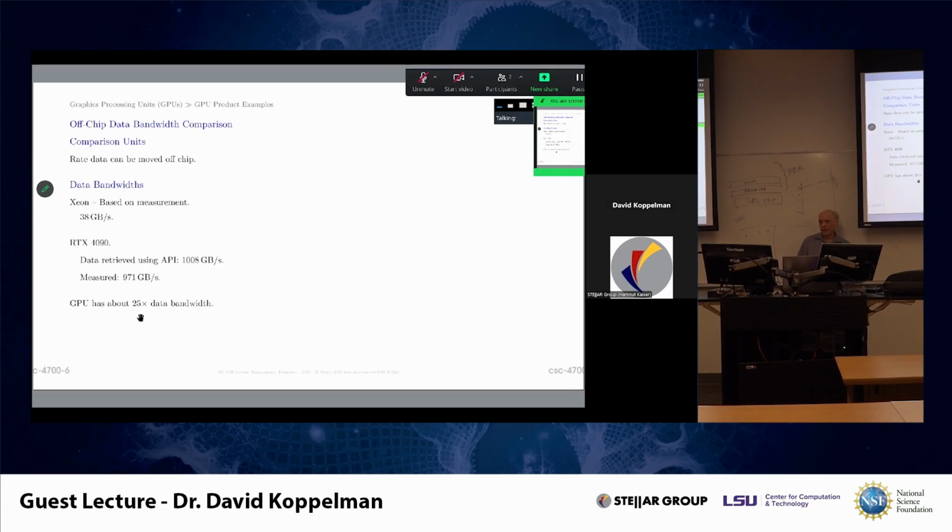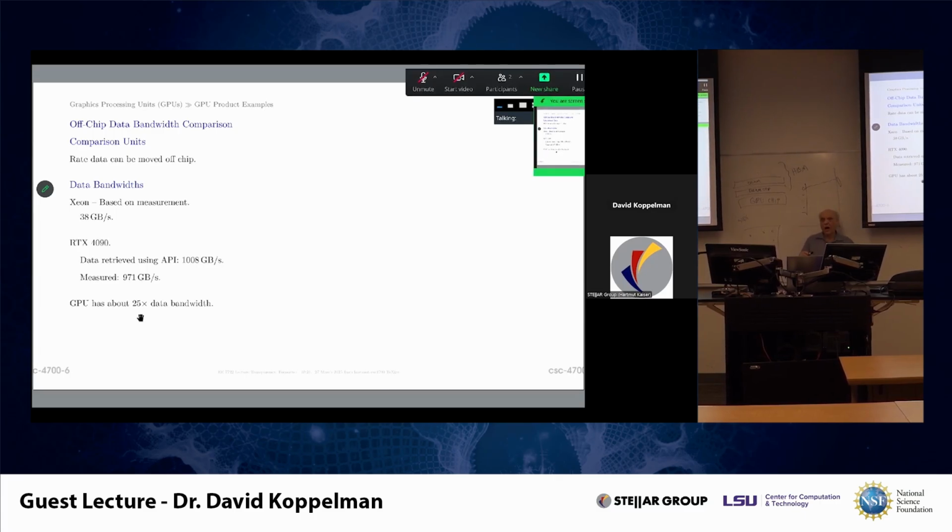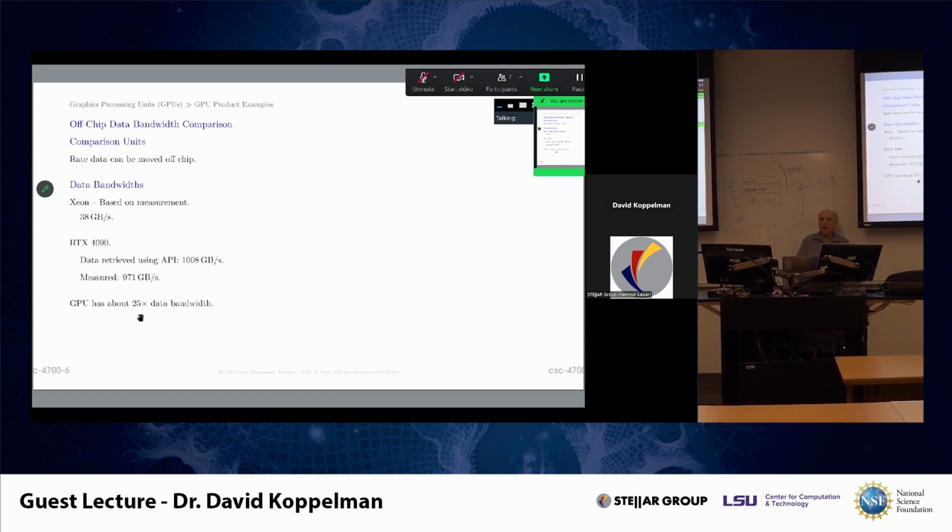In other words, how many floating point operations do you need to do for each data element that crosses the off-chip boundary? Now, that number depends upon the nature of the computation that you're doing and also the skill of the programmer in making use of the cache.